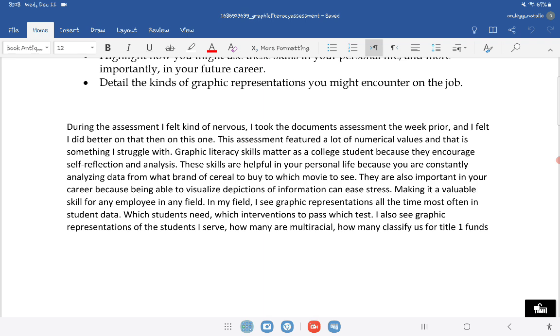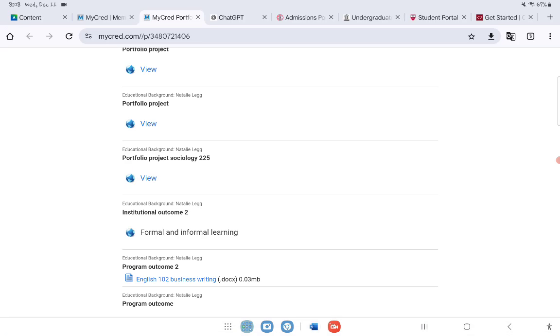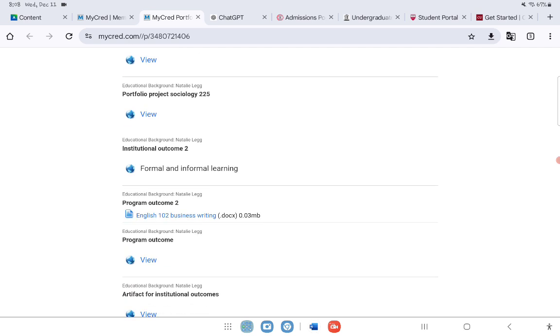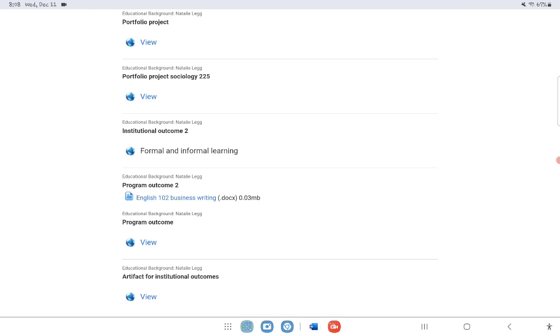I always do during tests and things like that. It was a really great reflective period of how I can improve myself. This portfolio project meets this organizational standard because I had never taken a test of that nature before, and it was a very eye opening experience.